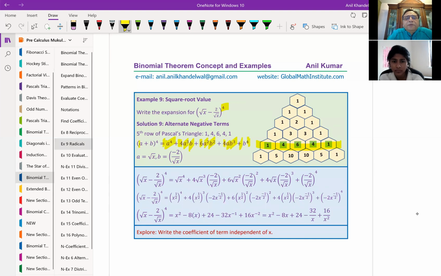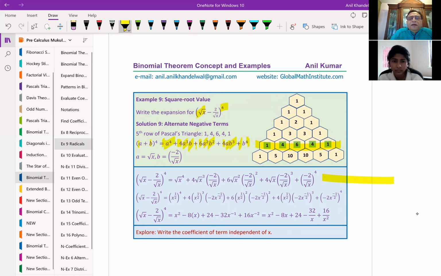And A and B are the values: A is square root x and B is minus 2 over square root x. Just substitute, expand, and simplify to get the result. So we get a result as shown here. So these are the steps to be followed, correct? So simple algebra here helps you to get the result.